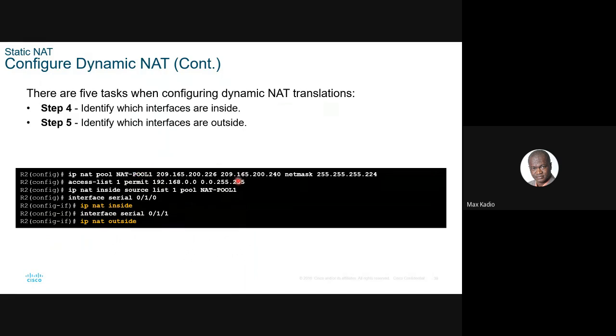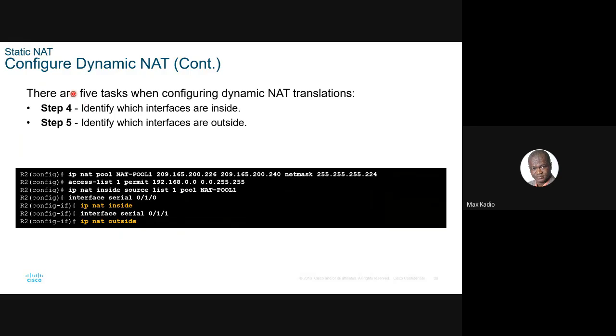Now you specify the range, 209.165.200.226 until .240. It means any IP 226, 227, 228, 229 until 240. It's a pool of valid public IPs that anyone inside my network can use to go out. Then you add the netmask. The netmask or subnet mask will be given in your questions also.